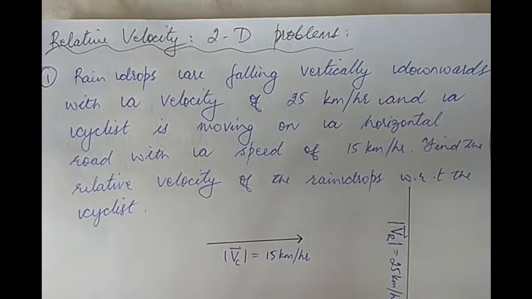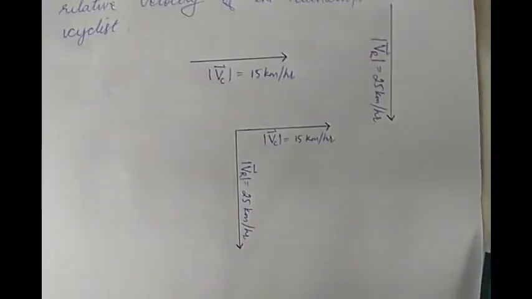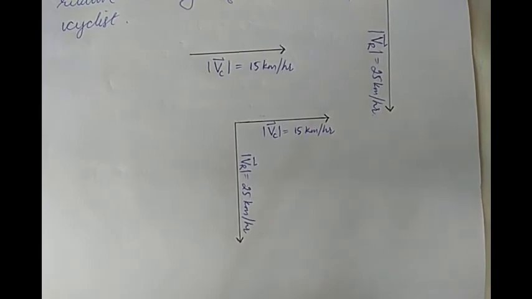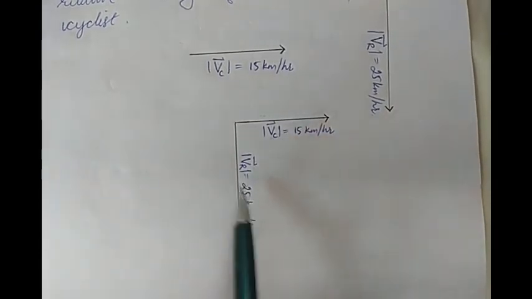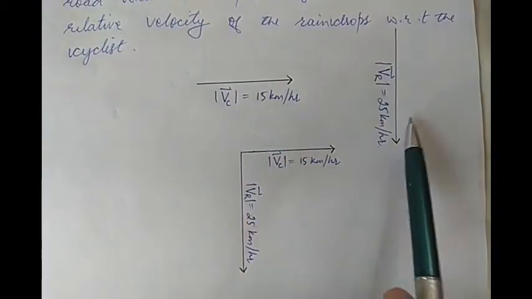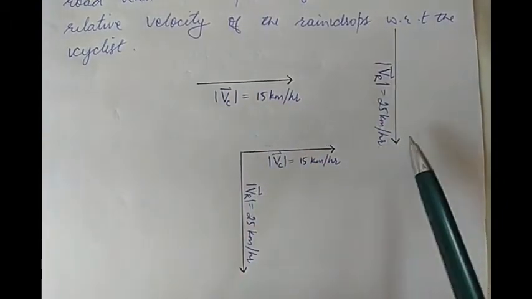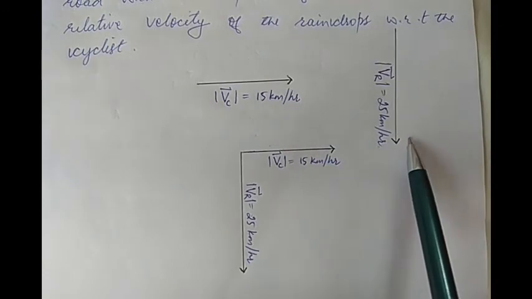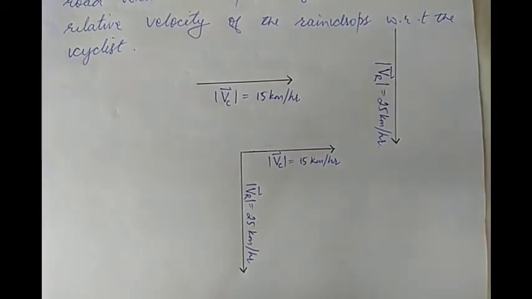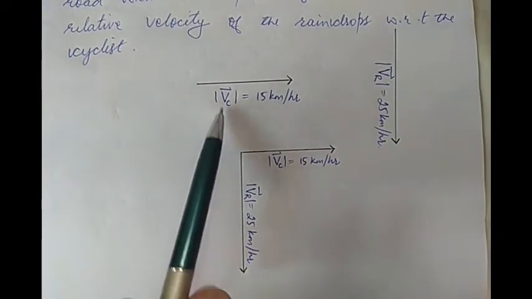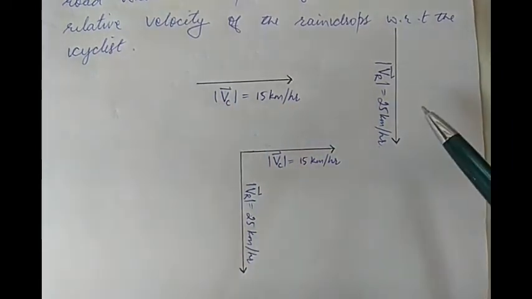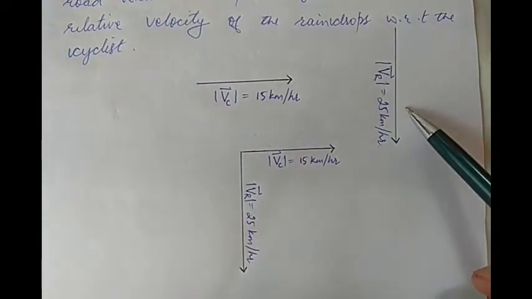Now just an information for you all. Whenever you get a problem like this, a relative velocity problem, you'll be given two velocities, of course. So you can straight away jump to a picture like this, rather than drawing individual vectors, showing individual vectors like this. I have shown individual vectors over here just to make you understand, just to give you an idea about the velocity of the cyclist, the velocity of the raindrops.